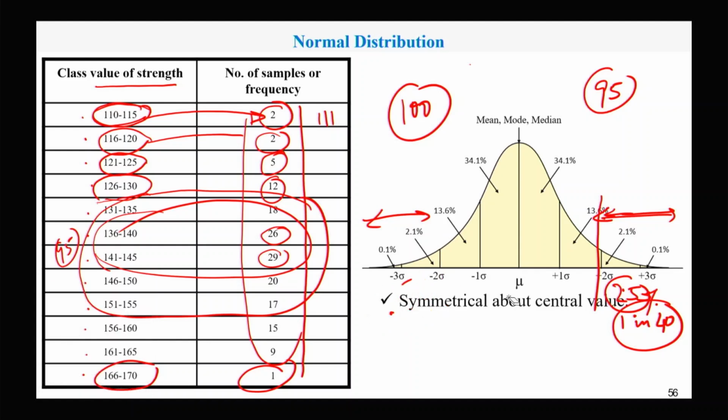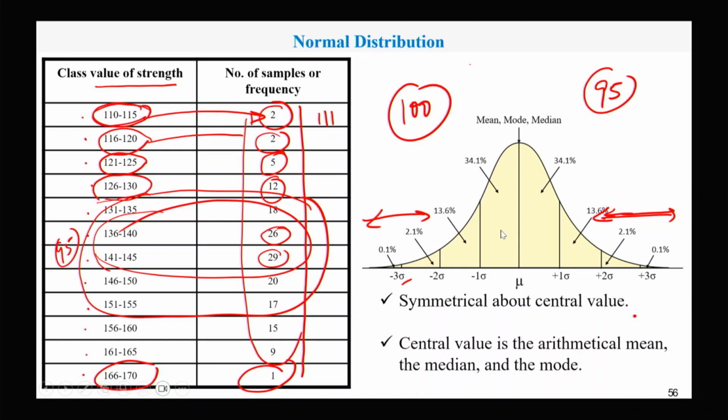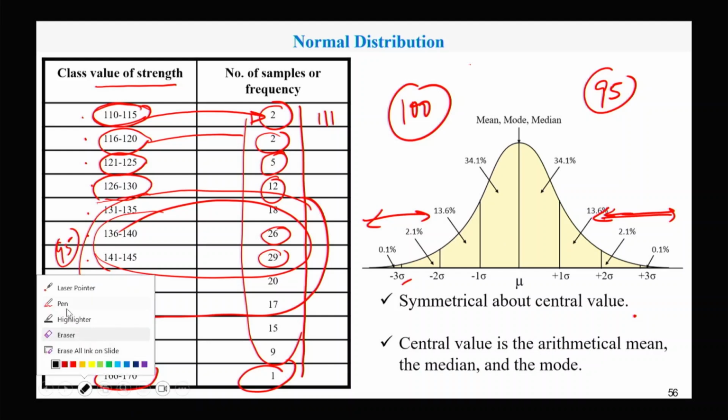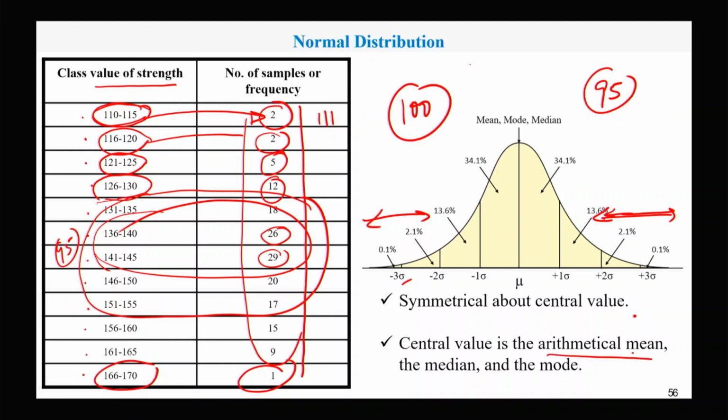What we have already discussed: it is symmetrical about the central value. The central value is the arithmetic mean, median and mode, which I have already discussed in detail.